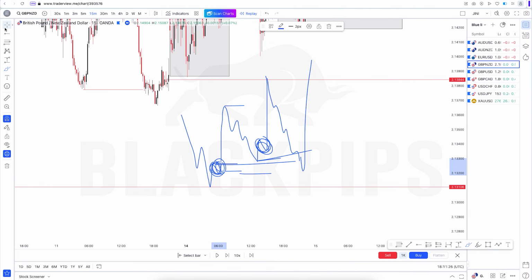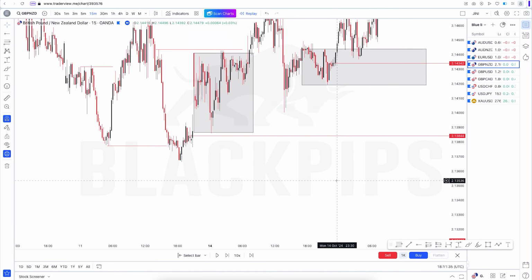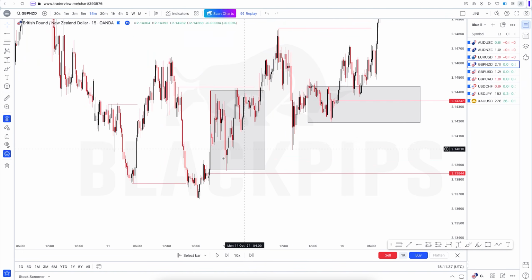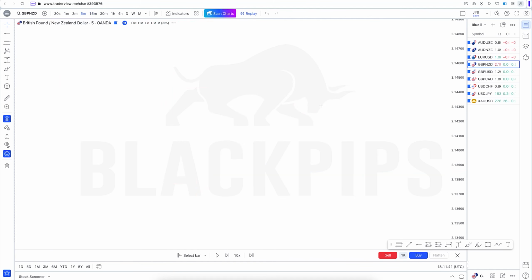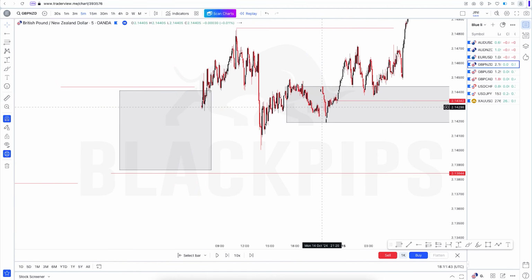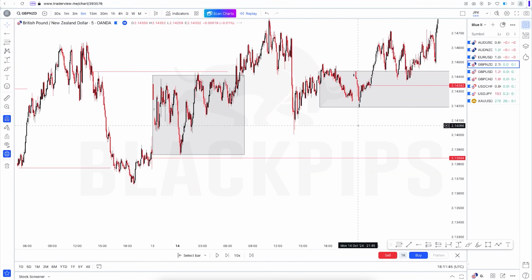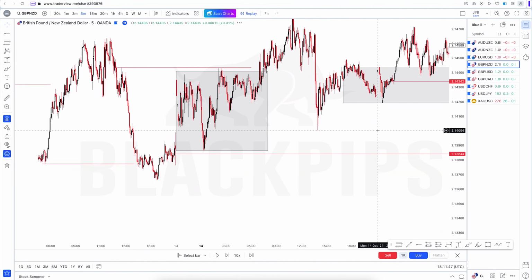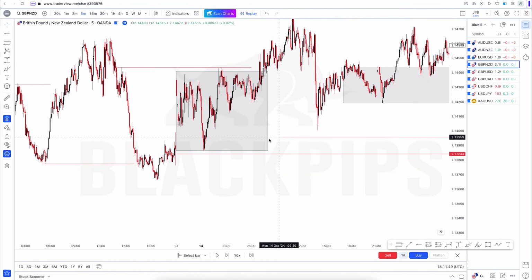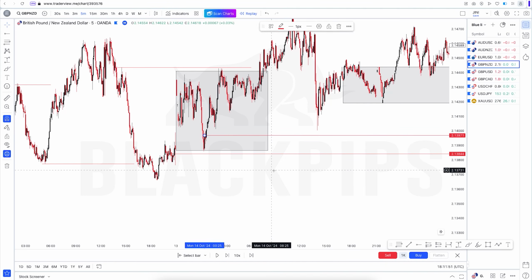But what I saw here is that, let me try to clear. I thought that the market would come maybe to this formation, but I have to be sure. So when you go back to the 5 minutes time frame, you can see that this was the inside formation that was not yet taken.